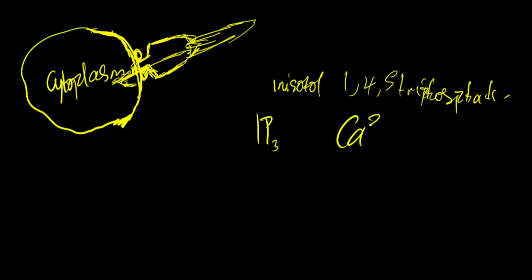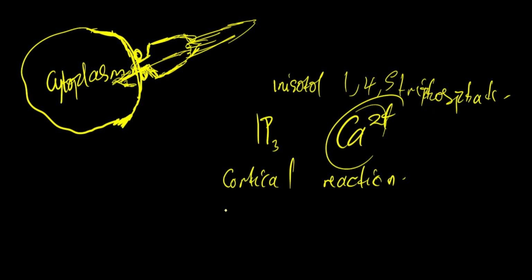These calcium ions lead to various processes that we'll go on to see, among which we have the cortical reaction as well as the continuation of the meiosis, the second meiotic division.